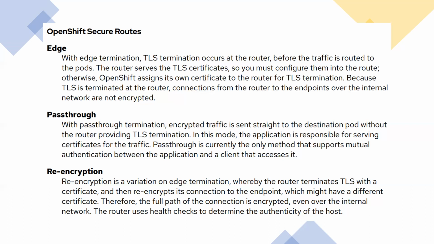We will discuss further and show you how it works. And in the case of re-encryption, the TLS terminates at the route itself, and then a new TLS encryption is created at the route, and that new encryption is between the route and your application container.